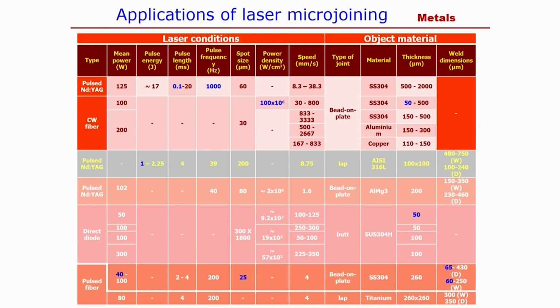Mainly this type of material is applied with the pulse laser in microjoining form, where the minimum thickness found from the literature is 50 micrometer and the maximum goes to 2000 micrometer.